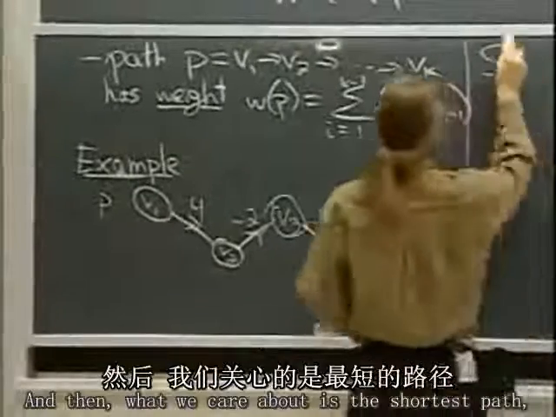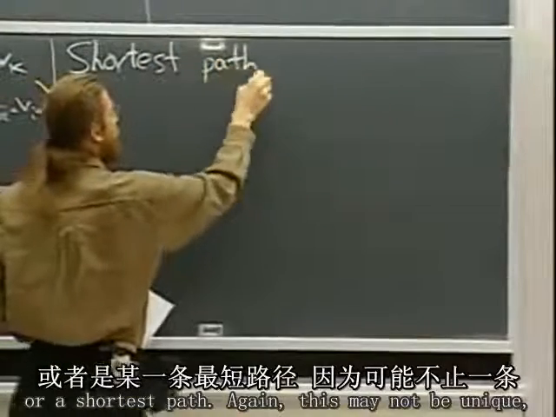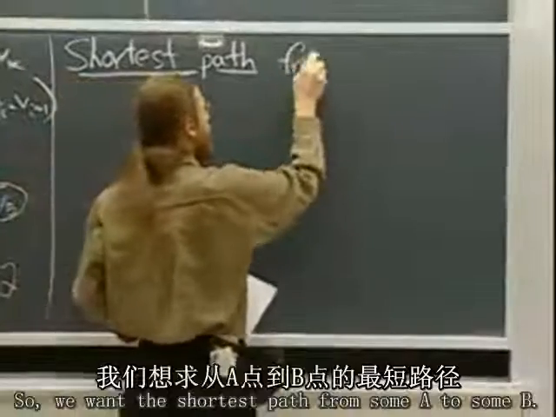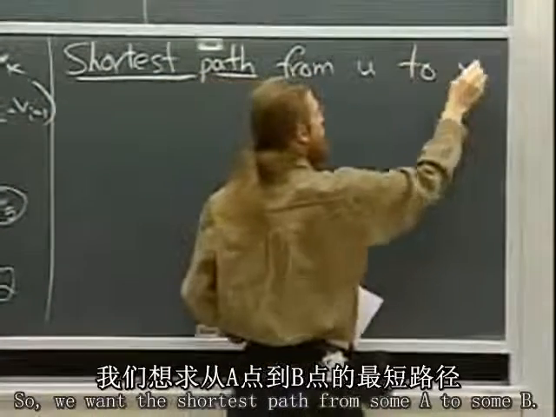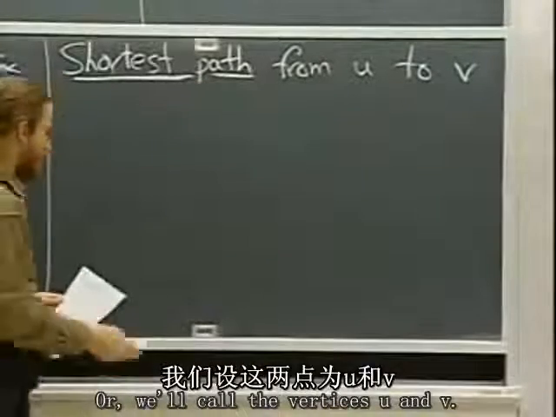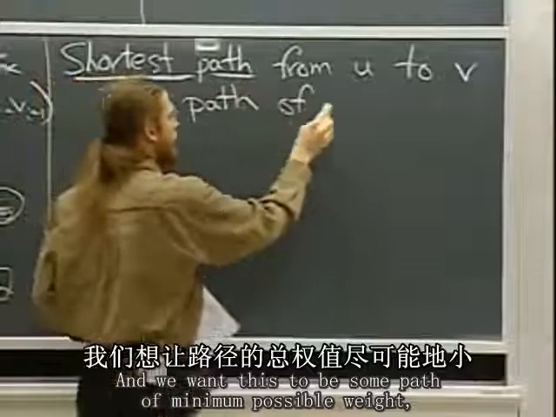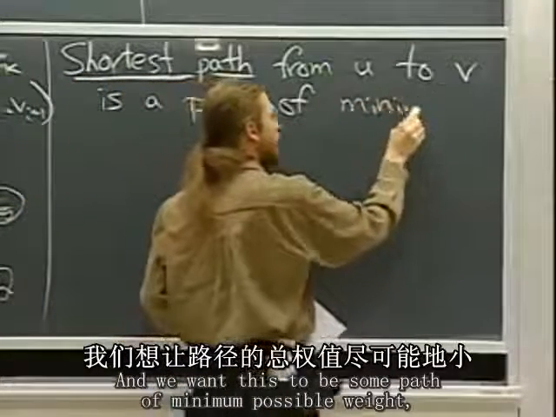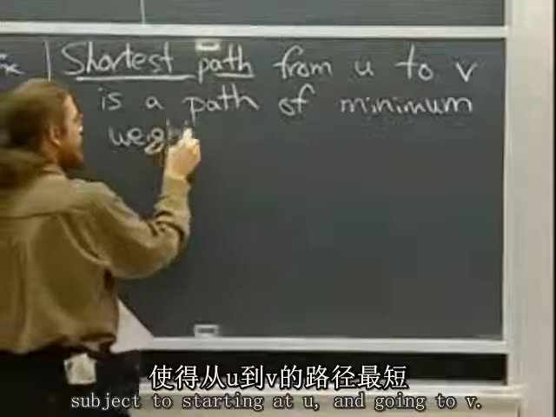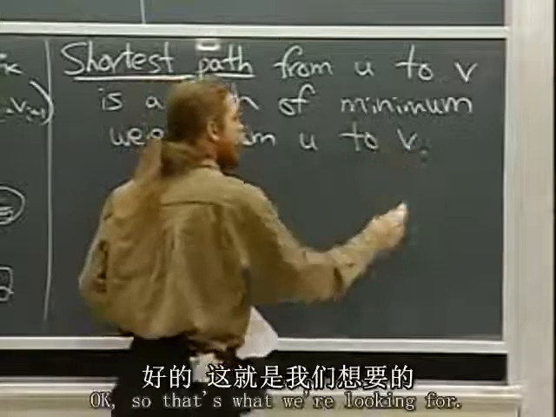And then what we care about is the shortest path, or a shortest path. Again, this may not be unique, but we'll still usually call it the shortest path. So we want the shortest path from some A to some B, or we'll call the vertices U and V. And we want this to be some path of minimum possible weight, subject to starting at U and going to V. So that's what we're looking for.